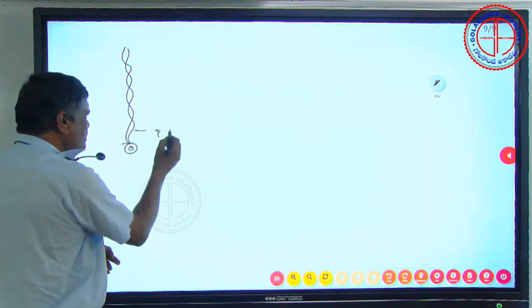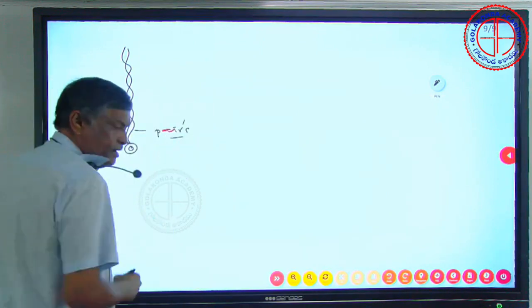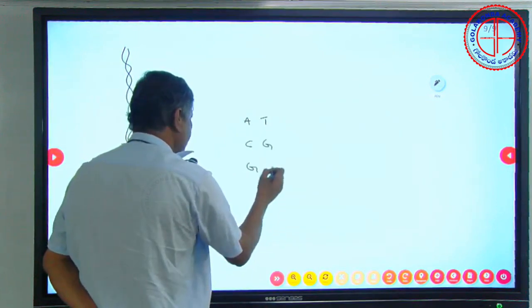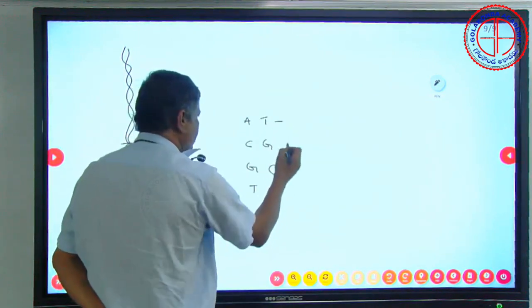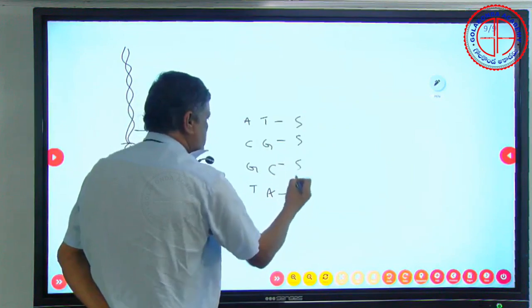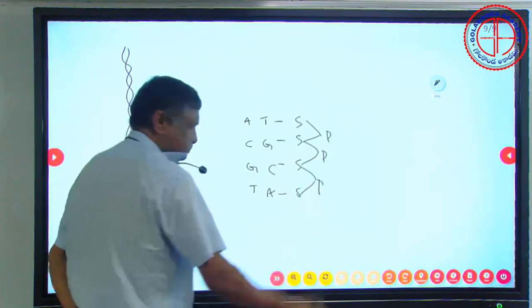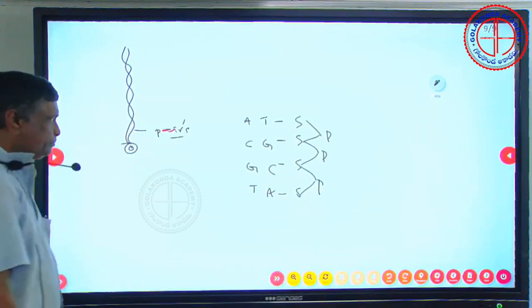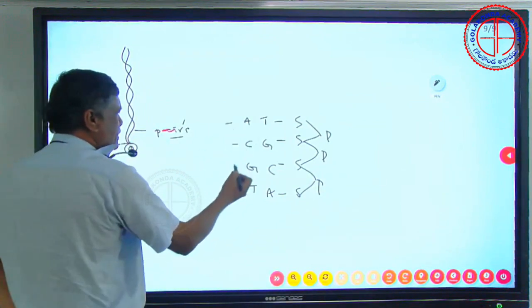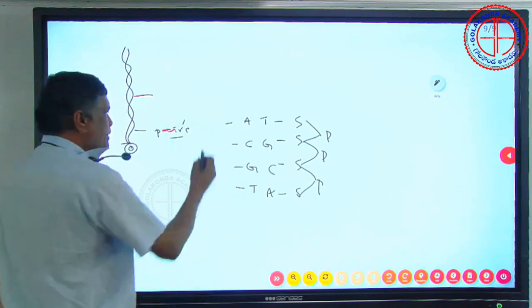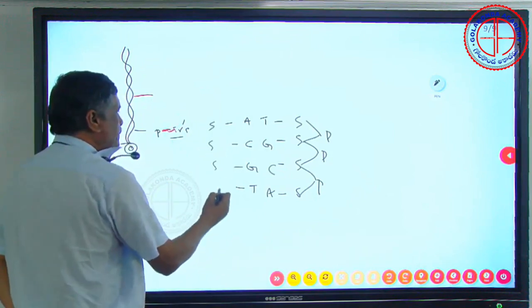How many pairs? 10 pairs, we said. A, T, C, G, G, C, T, A, like this. How many pairs here in a coil? 10 pairs.